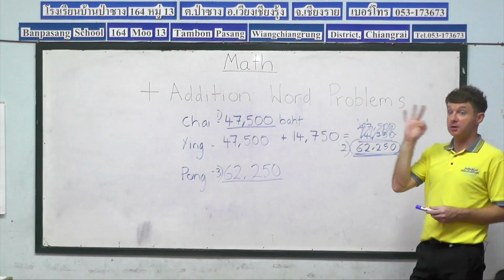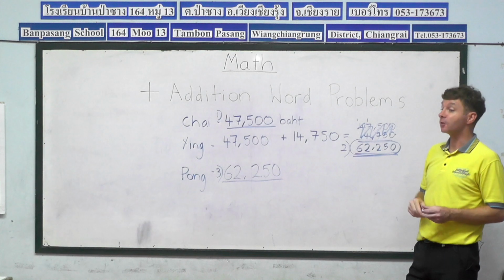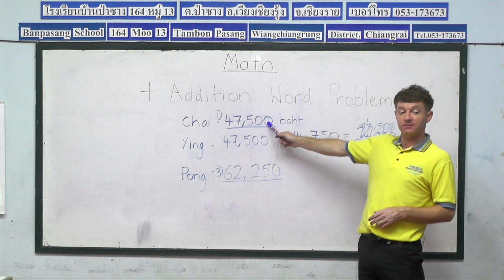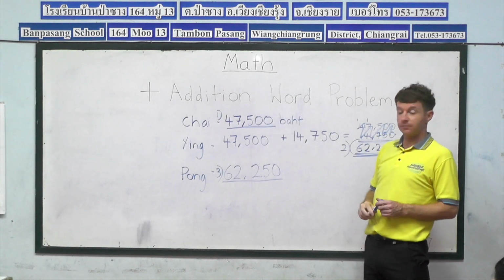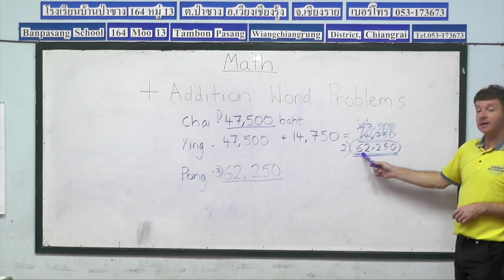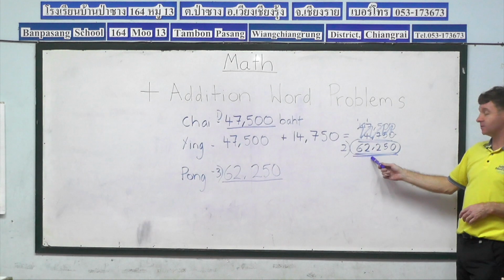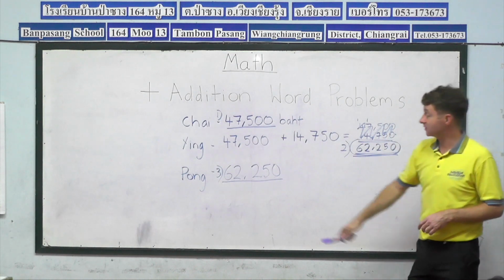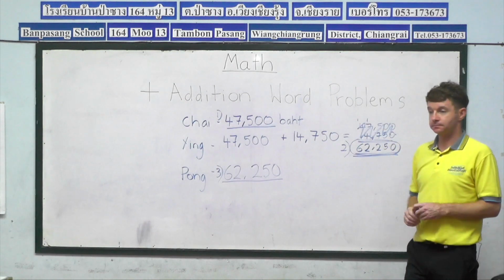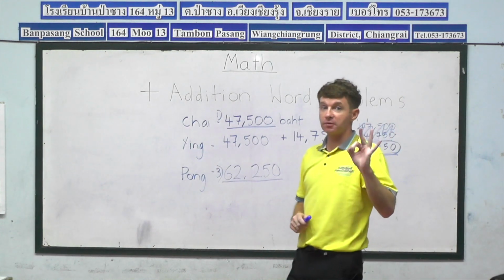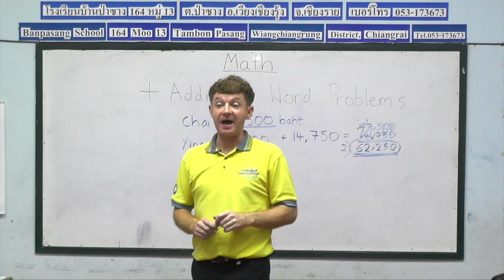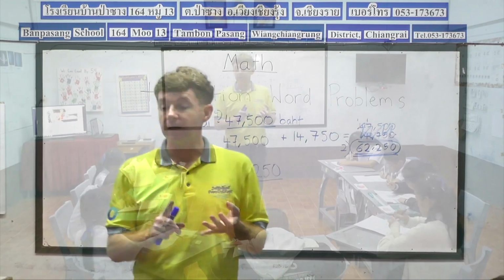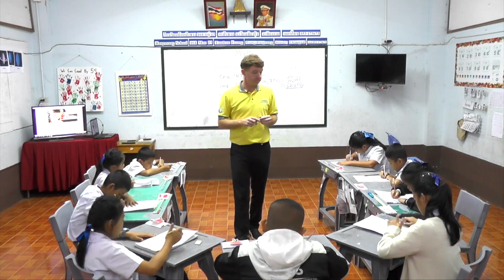So there's 3 numbers to add together for question number 3. 47,500 plus 62,250 plus the same amount again. So for question number 3, there's 3 numbers to add together because there's 3 people, Chai, Ying, and Pong.